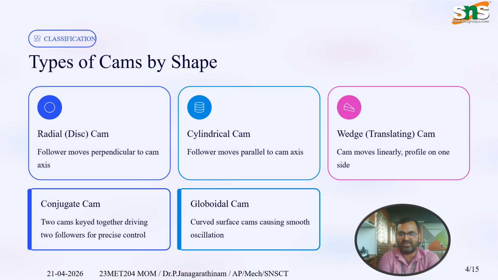If we take the cylindrical cam, the follower moves parallel to the cam axis. Wedge cam means the cam moves linearly with the profile on one side, and in the radial cam the follower moves perpendicular to the cam axis. The conjugate cam means two cams kept together driving two followers for precise control.